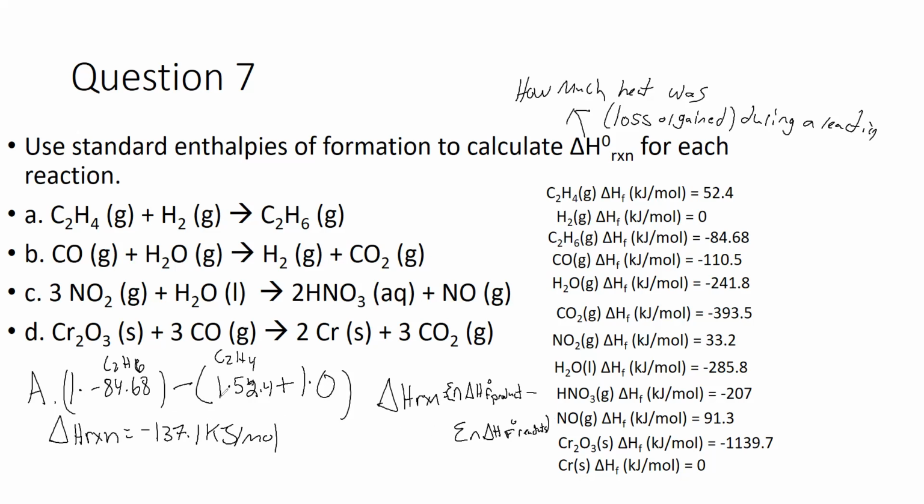So this parenthesis says 1 times 52.4 plus 1 times 0. These are all my reactants. These are my products. I have 2 reactants, C2H4 and hydrogen, so I need to add their values together. That's why I have a parenthesis there.